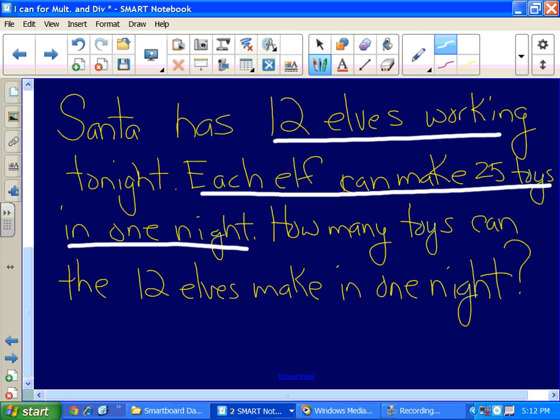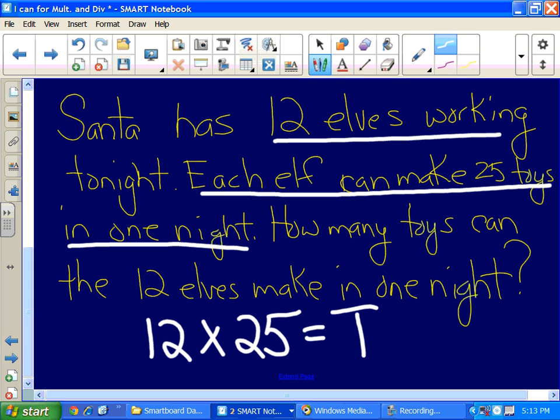So we know if we have groups of the same amount, so for every 12 elves, they made 25 toys each, that would give us the total amount of toys that they can make in one night. Because we have 12 groups of 25. So one elf makes 25, two elves, so that's 25 plus 25. Three elves will be 25, 25, 25.